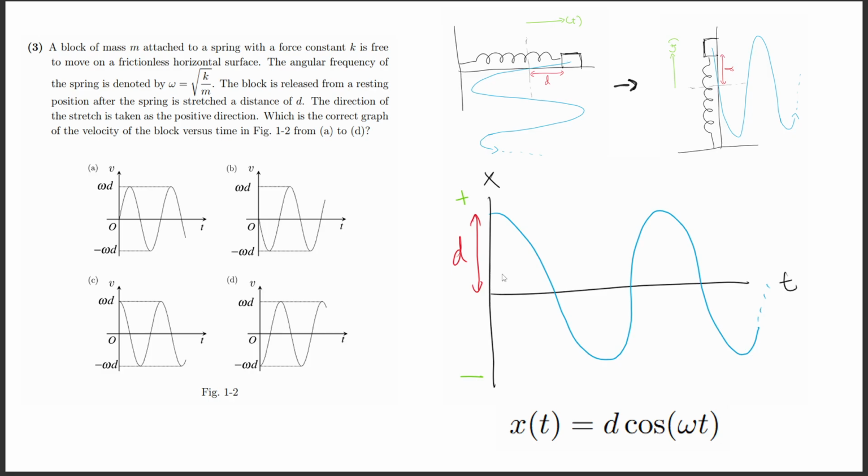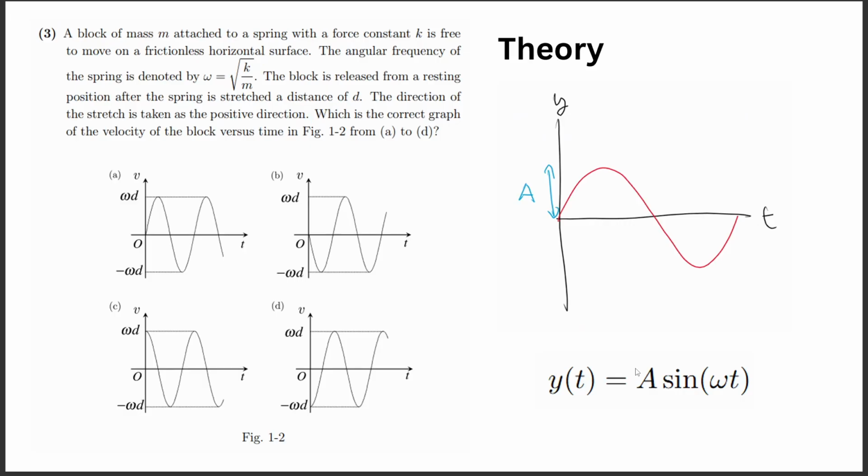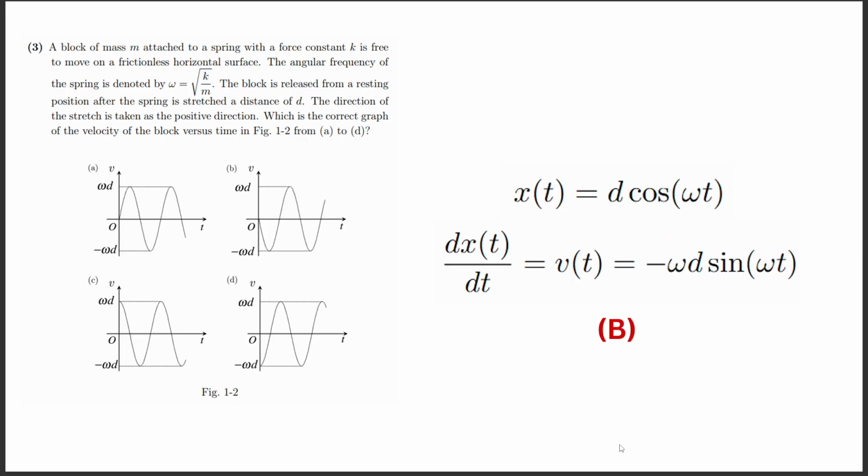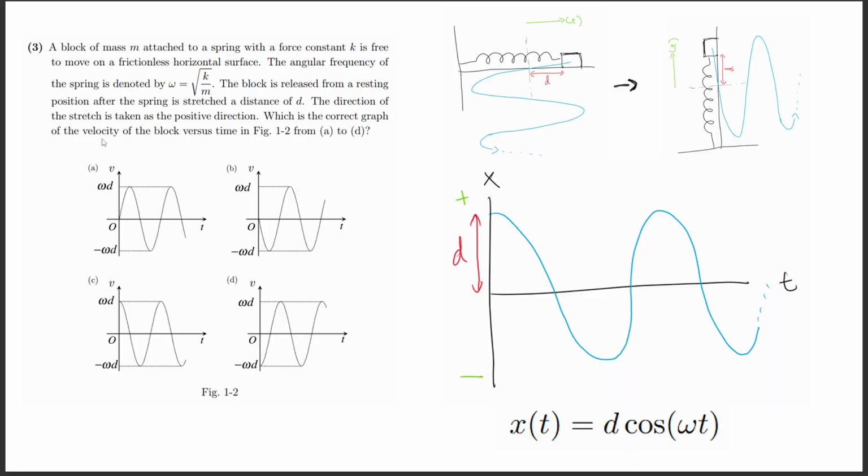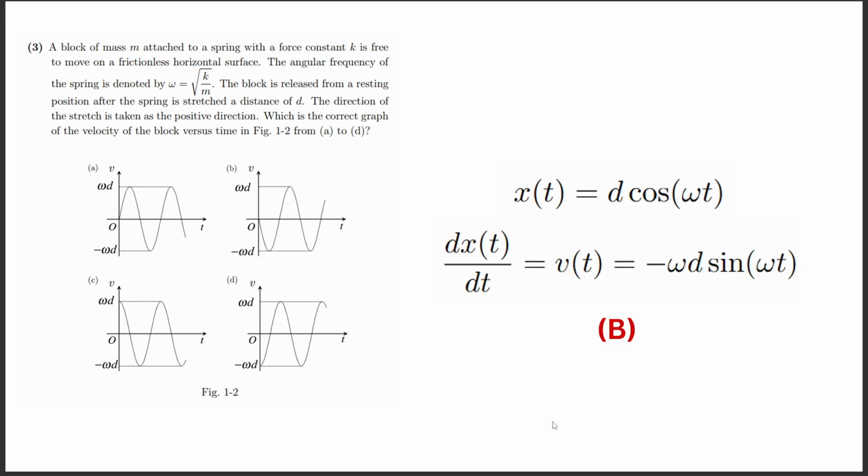So we notice that it has the height of d, or the amplitude of d, so we can write d times the wave function, and we know that this is cosine, so we can write cosine angular frequency times t from the theory here. So we are asked the velocity of the block, and to find the velocity, we know that we can derive x of t with respect to time.